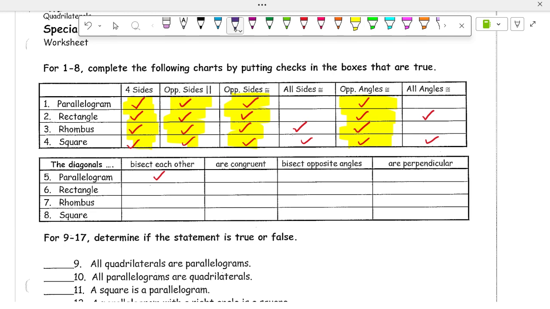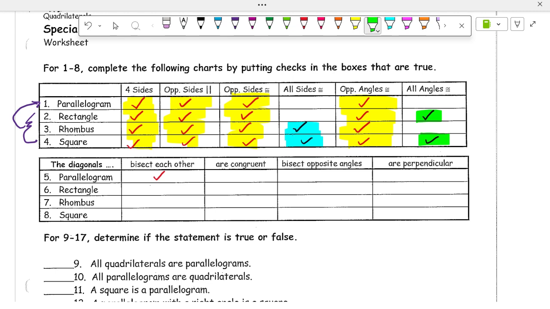The bottom 3 stem from a what? Parallelogram. So they share all the features of a parallelogram. Now, look at a square. Isn't it true that a square shares the all congruent sides with the rhombus and the congruent angles with the rectangle? Yeah. Because remember, a square is an incestuous child of a rhombus and a rectangle.